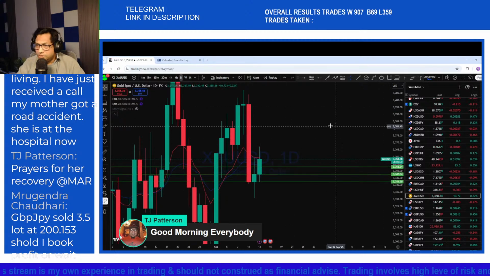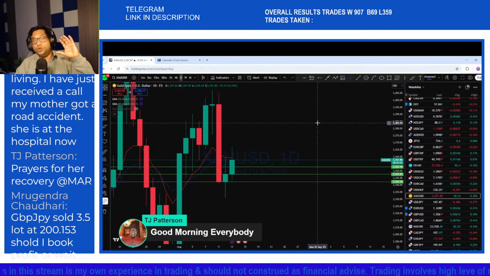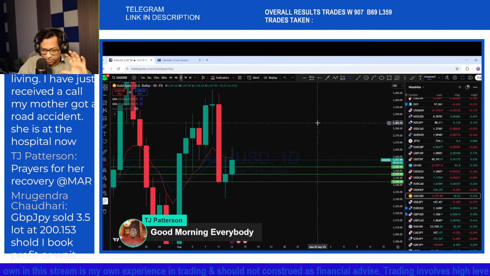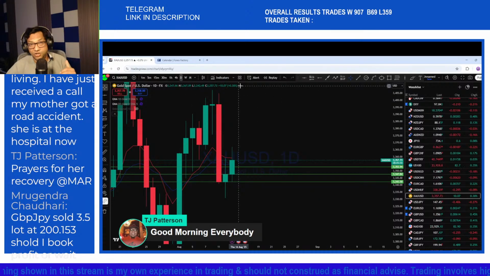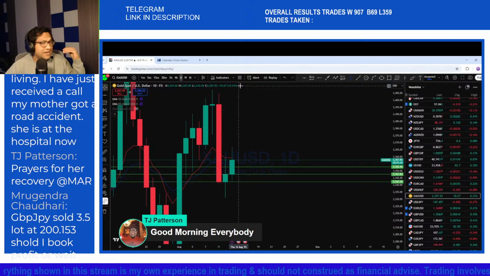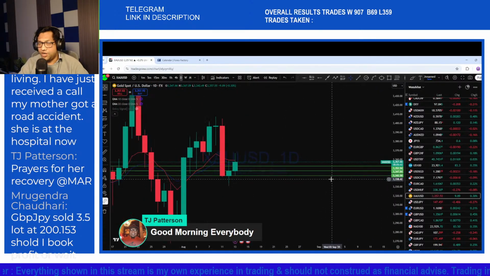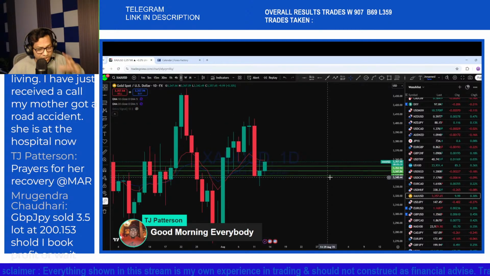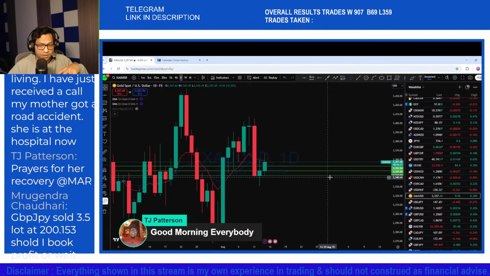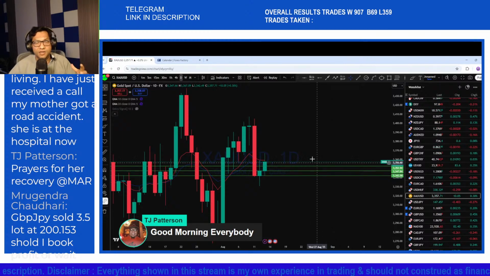So as a short-term retail trader, we need to swim in the flow. In fact, it's a big advantage that a retail trader has over the institutional trader. Retail trader has a huge advantage. And if you have a bigger trading account, you can make a huge profit if you know how to trade with the smart money.